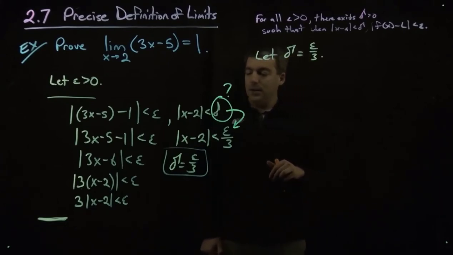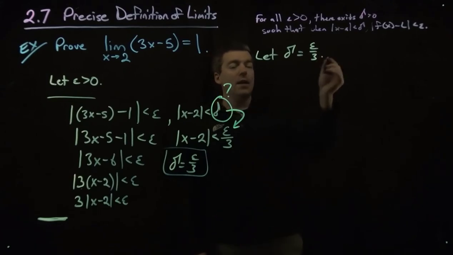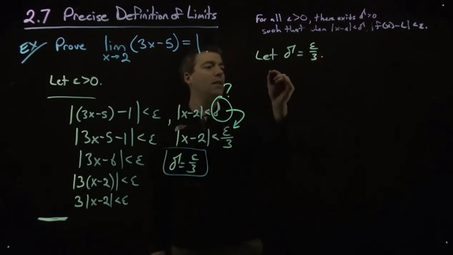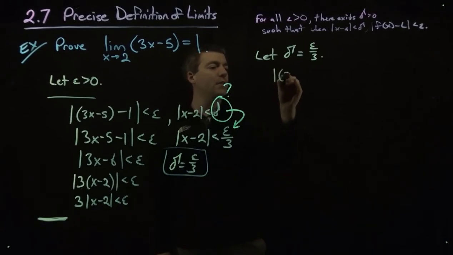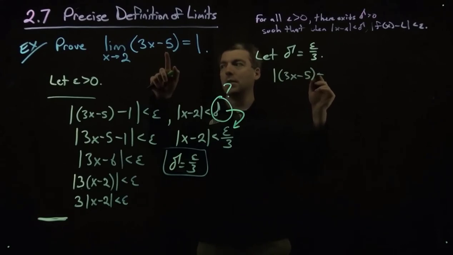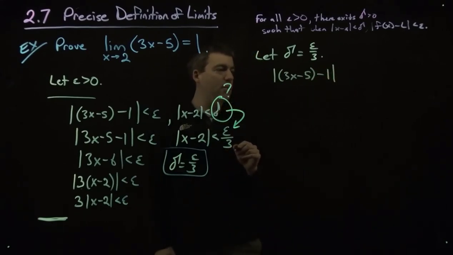All right, so we let delta equal epsilon over 3, and now we're going to show that the function minus the limit is less than epsilon.